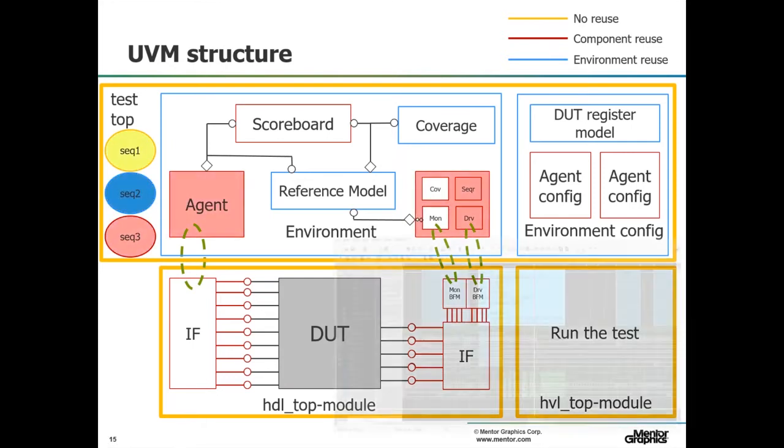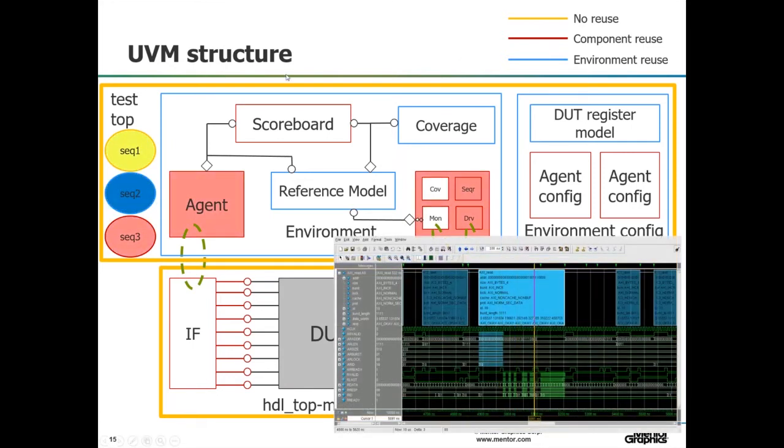If we kind of look a little more at that, everything up here, as I said, is at the transaction level. So it allows us to do our debug at transaction level. So it's basically saying an AXI read with these parameters happened over this time period. If I need to, I can push down and look at the individual bit wiggles, but we can do a lot of our debug at this higher transaction level.